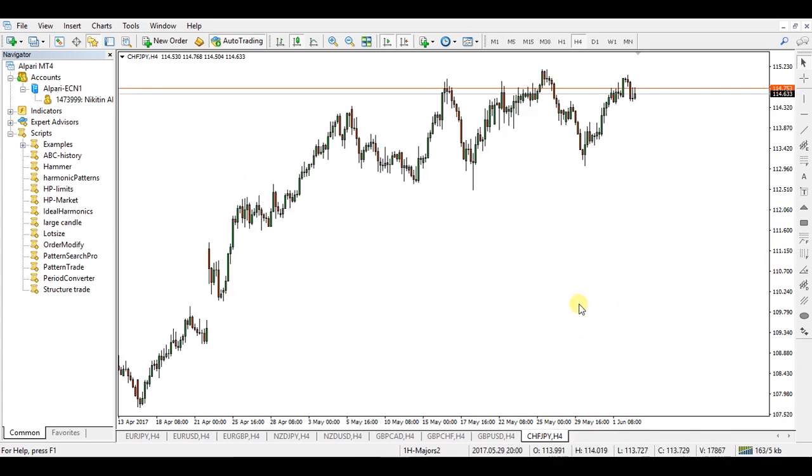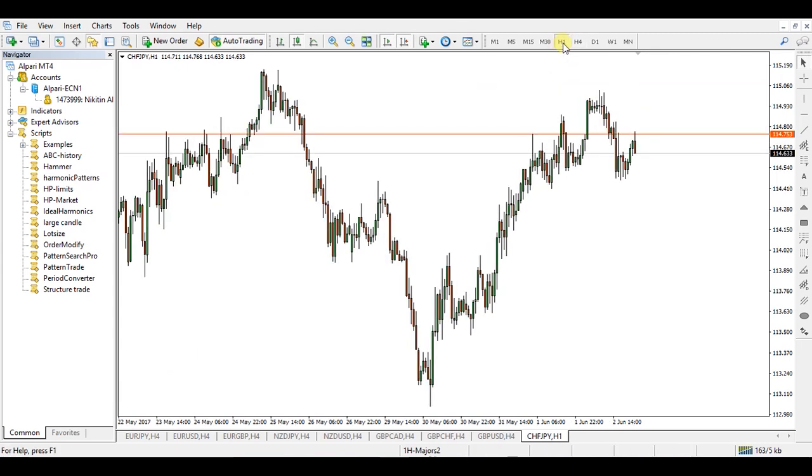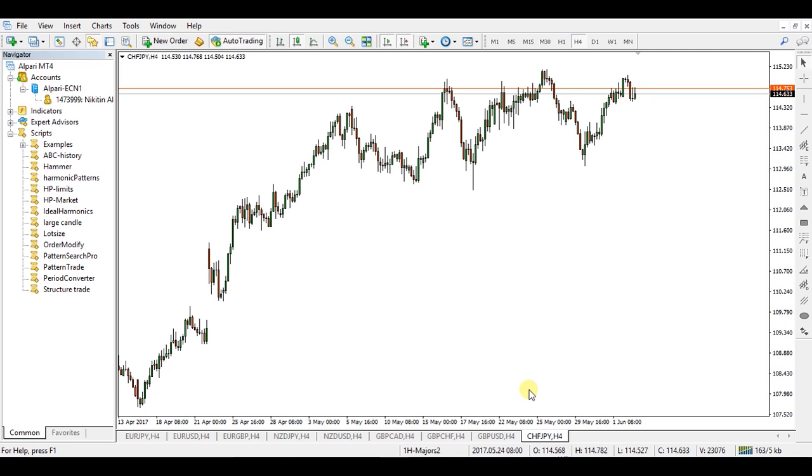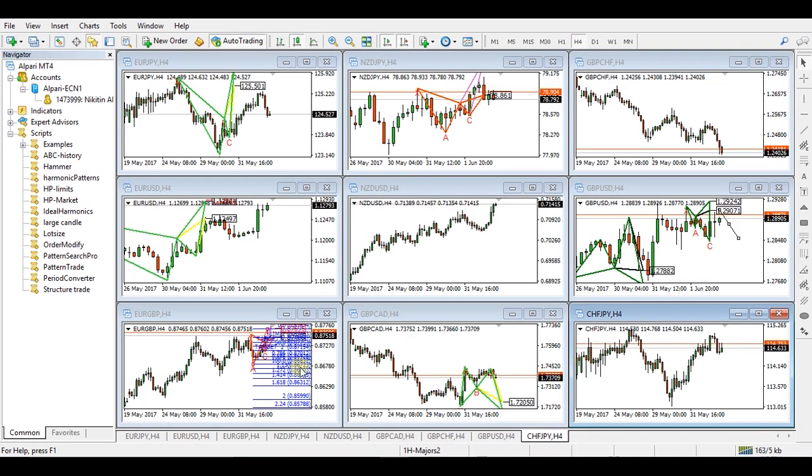CHF JPY. 4 hour. Don't see any. 1 hour. Nothing as well. Okay, so plenty of opportunities next week.